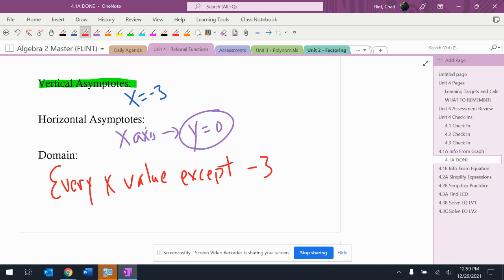Sometimes you'll see it written like this: -infinity, comma, -3, with parentheses because it can't be equal to -3, and -3, comma, infinity. That's every number except -3 because there's not a bracket there. But for right now, if you're writing it down, just say everything but, and then tell what it can't be. So everything except x equals -3, something like that.